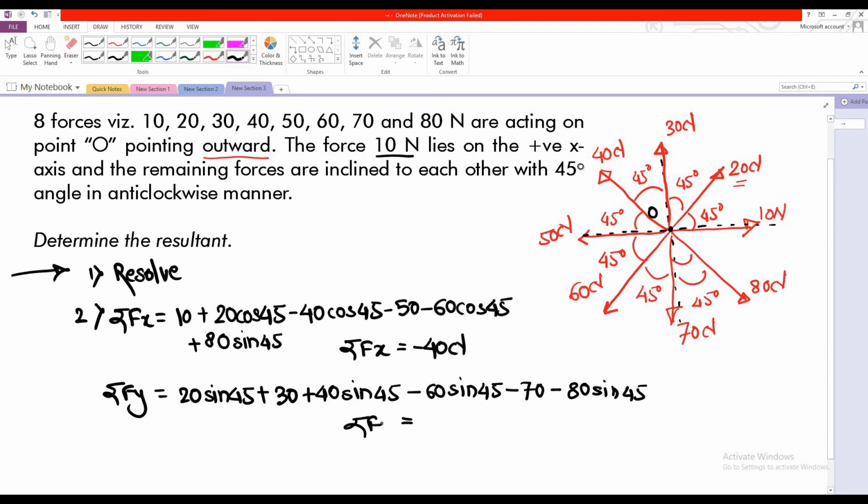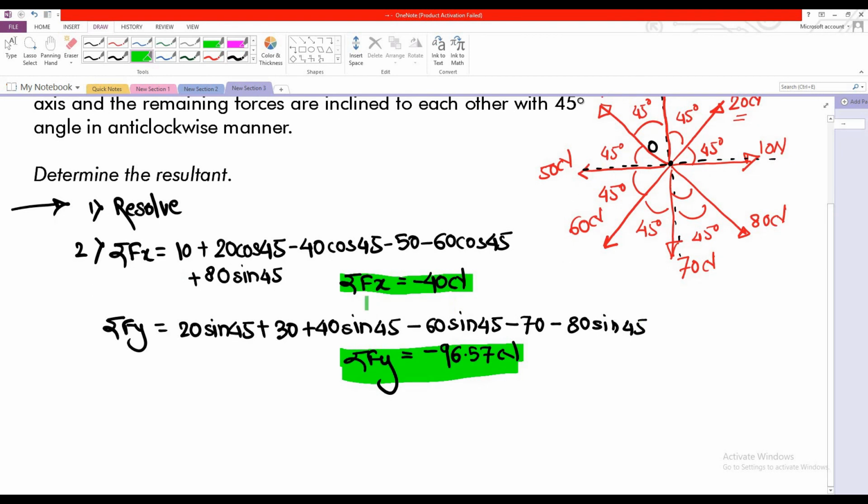let's write it properly, summation fy, minus 96.57 Newton. Let's keep these things highlighted. Okay, now let's go to step next, which is to determine R. How R is determined?